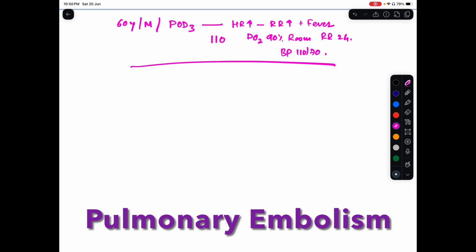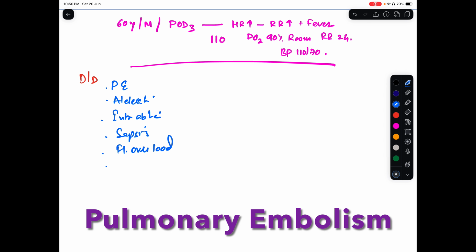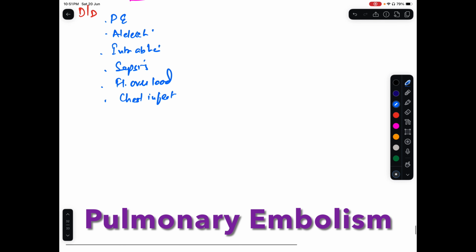So this is the stem. The patient is on post-operative day 3. What can be the differential diagnosis? Any one of the following: pulmonary embolism, lung atelectasis, intra-abdominal hemorrhage, sepsis, fluid overload, or chest infection. Any of these can lead to such a problem.